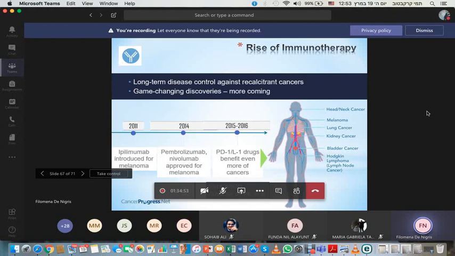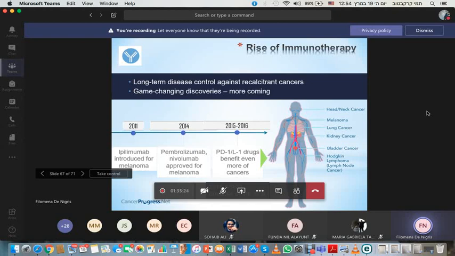In this way, the tumor expresses PD-1. The therapy is against this receptor, to cover this receptor. In this way, the body recognizes the tumor cells as non-self again and can eat the tumor.